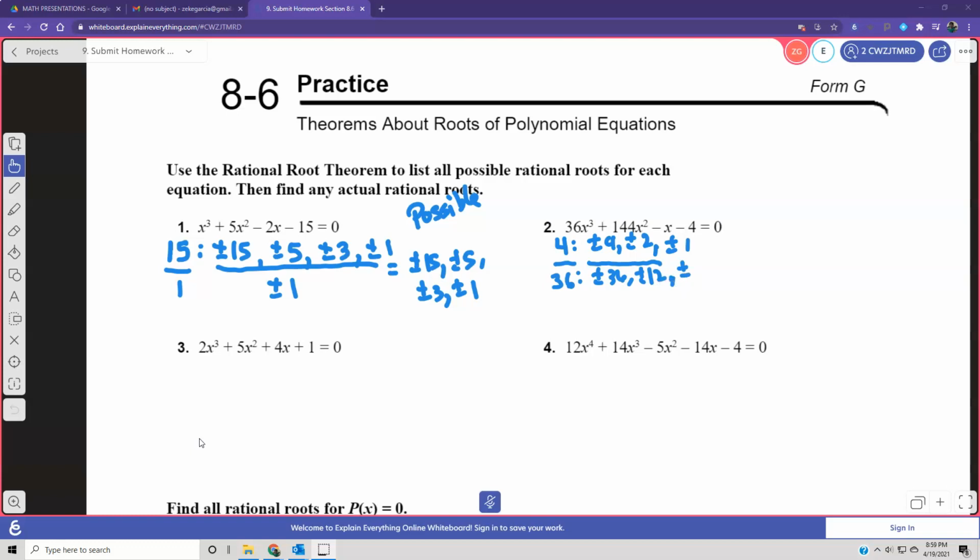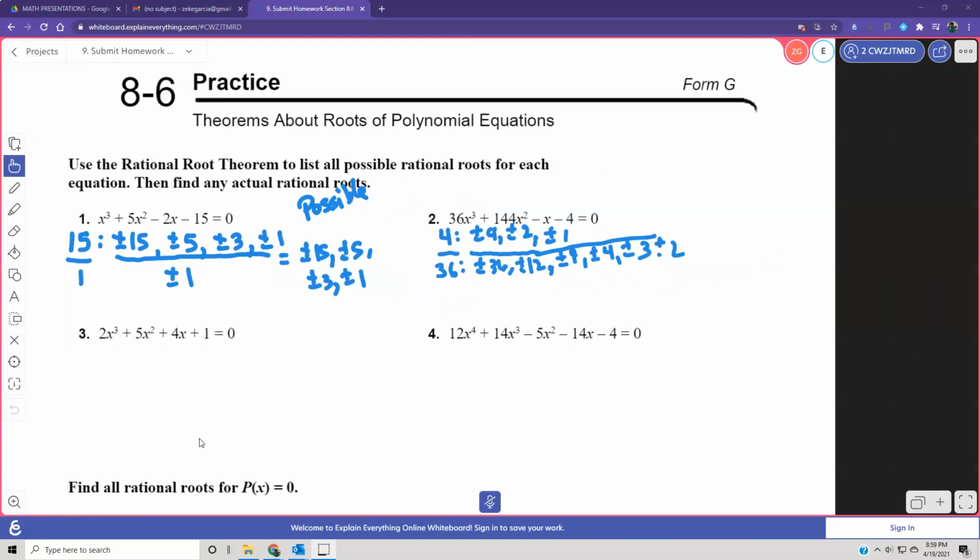Plus or minus 9, plus or minus 4, plus or minus 3, plus or minus 2, plus or minus 1.